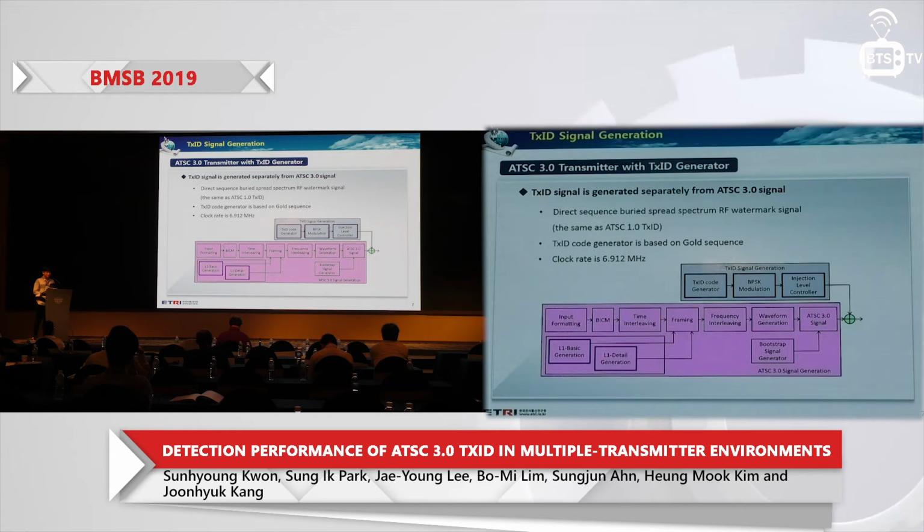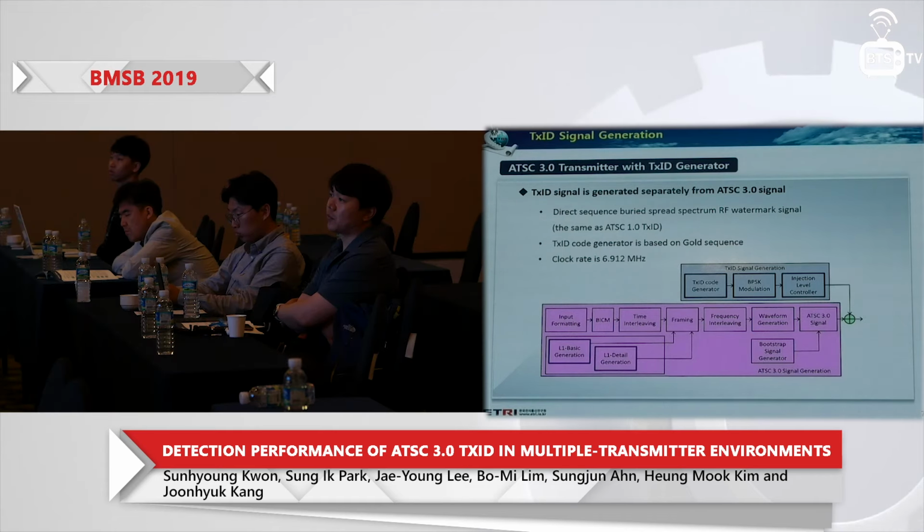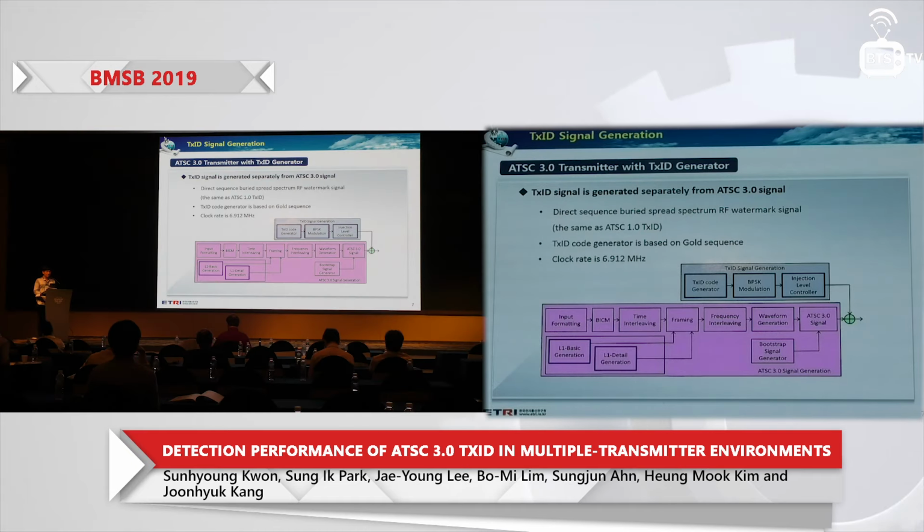Next, how do we make the TxID signal? It is generated separately from the normal ATSC 3.0 signal. The pink block diagram corresponds to normal ATSC 3.0 signal generation, and the upper part, TxID generation, is colored in blue. Basically, a Gold sequence is used in order to generate the sequence for TxID.